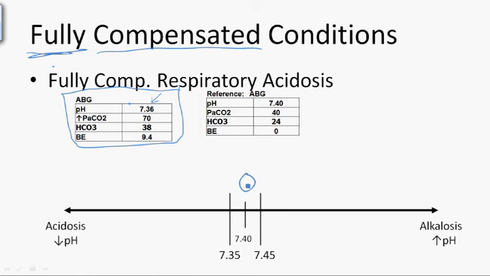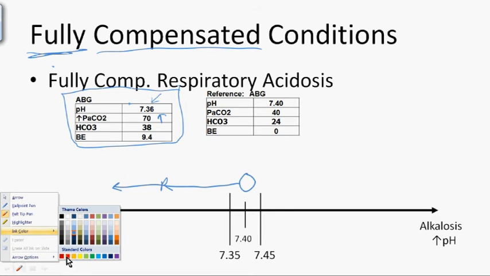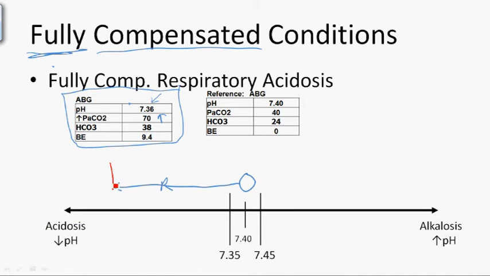Let's use our vectors. So we always start on our 0, and I've got a high CO2. With a high CO2, that means it's driving me to be acidotic. All right, high CO2 makes me acidotic. Okay, well, let's not predict here what we're going to see. And then I'm going to draw my metabolic vector here, starting at the end of the respiratory.